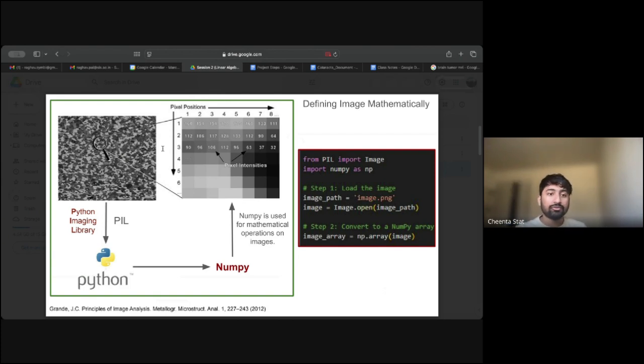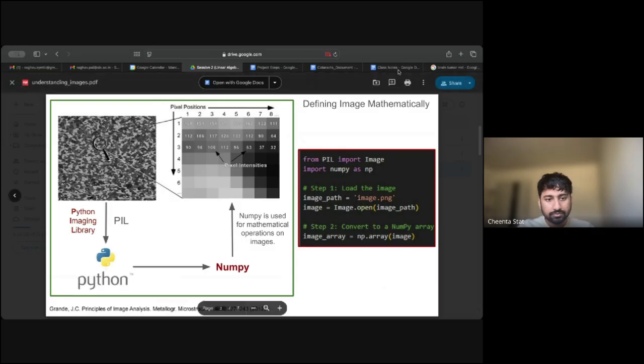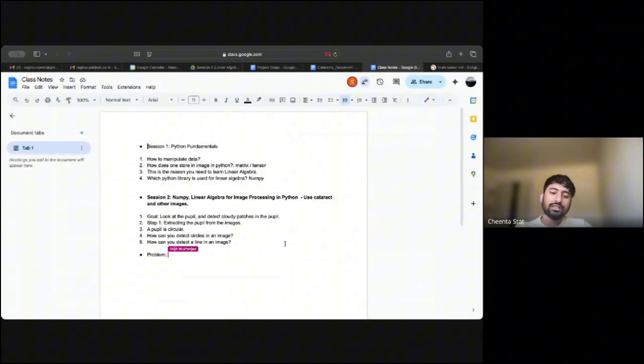So one good problem for you, this is a problem statement I would say, that you can try to solve: take a cataract image. You can go to the class notes. Change it into grayscale. Once you change it into grayscale, extract the pupil region.